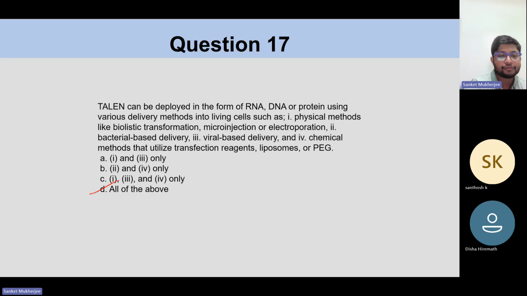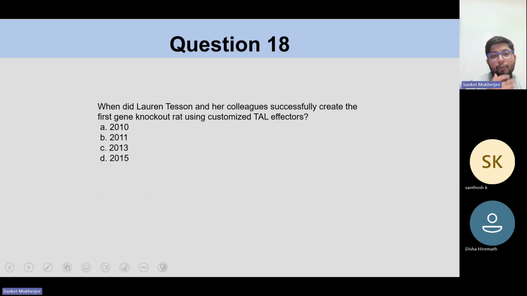Should be all of the above. When did Laurent Tesson and her colleagues successfully create the first gene knockout rat using customized TAL effectors? 2010, 11, 13, or 15? 2011, sir. You're right.